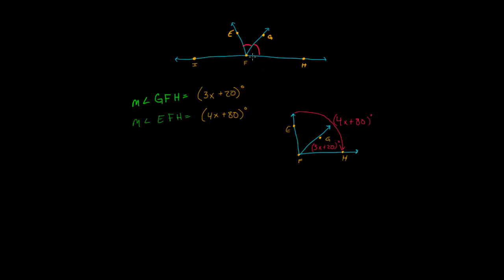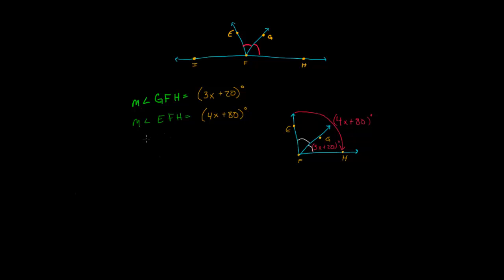If we look here, we can see we have two congruent angles. Our EFG is congruent to GFH. So this angle equals our other angle. These two are the same. They're congruent. So this entire angle will be the sum of these two angles.